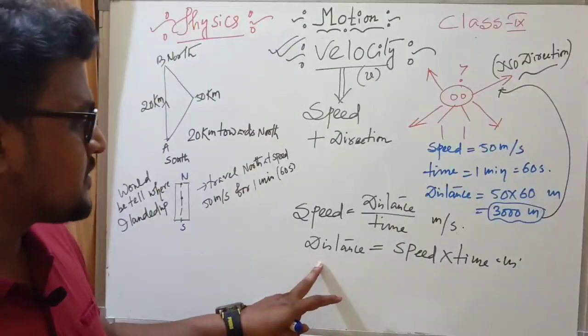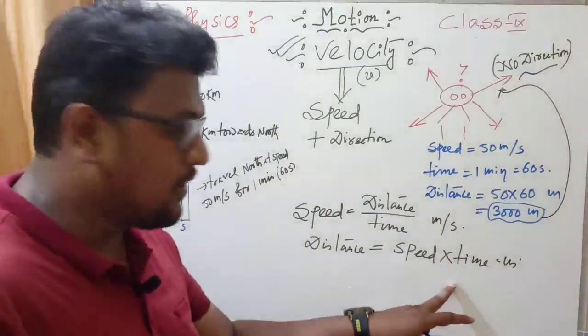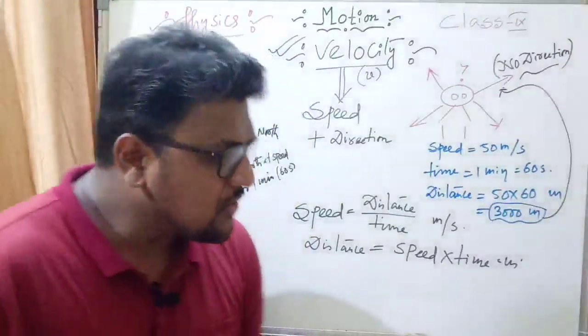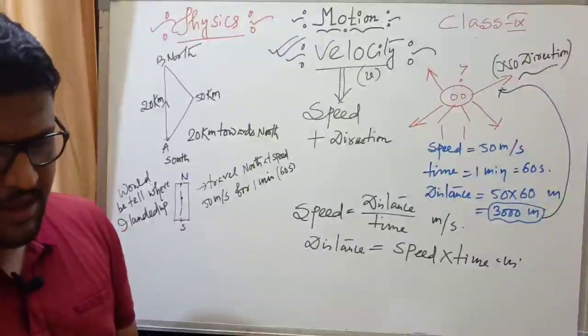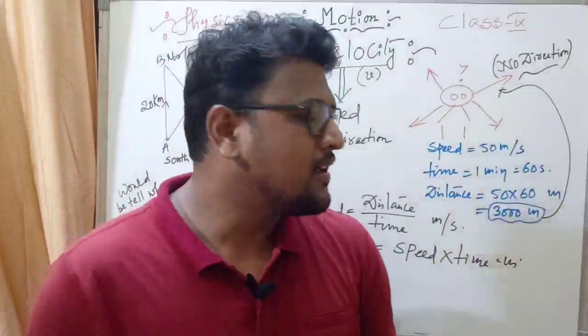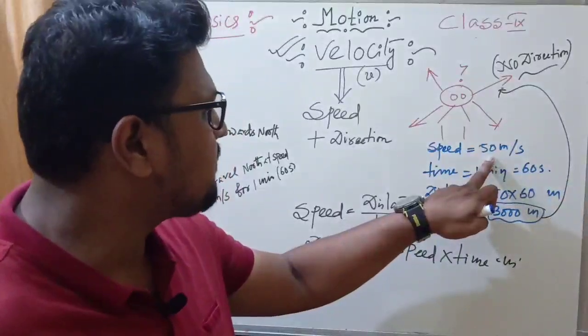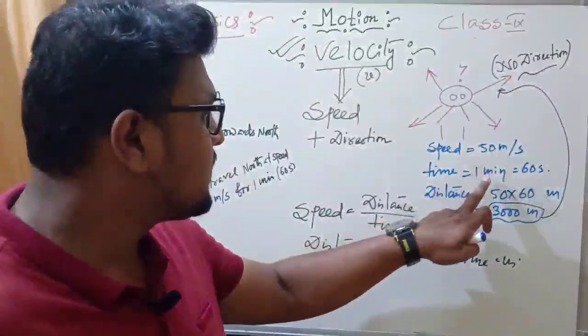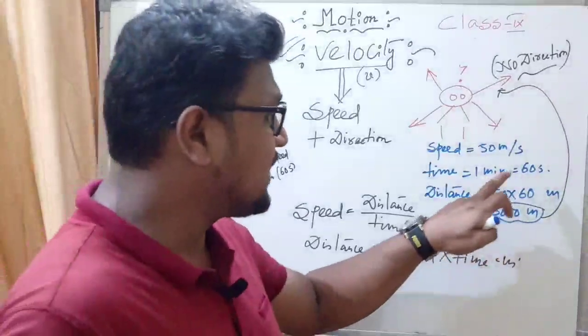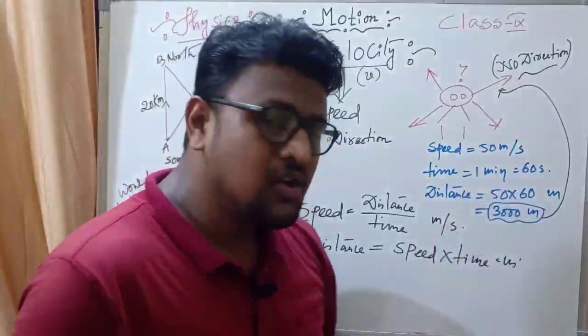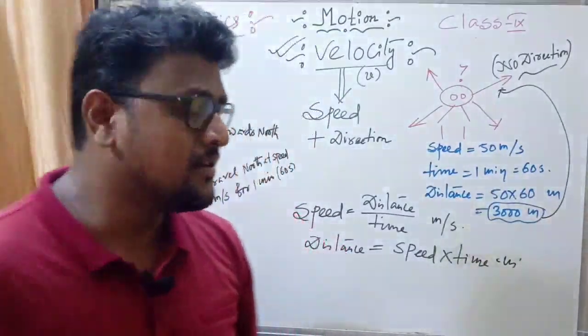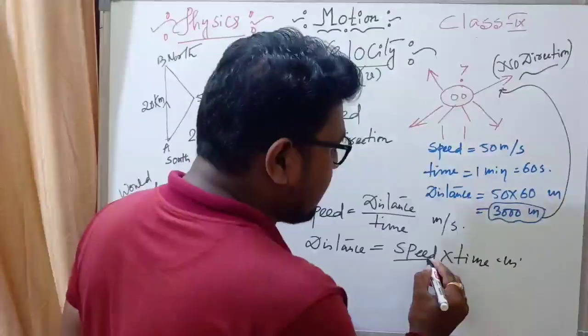Then you will easily get the total distance. So if I tell you I travel at a speed of, for example, 50 meter per second for 1 minute, that is 60 seconds, how much distance did I cover?